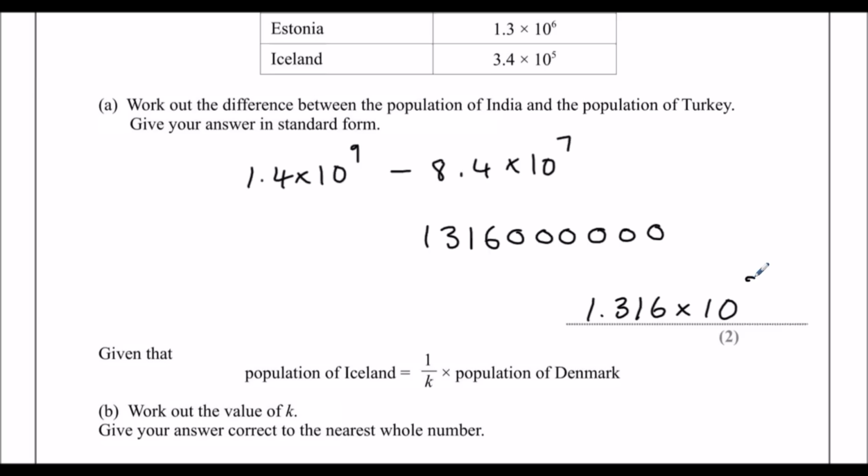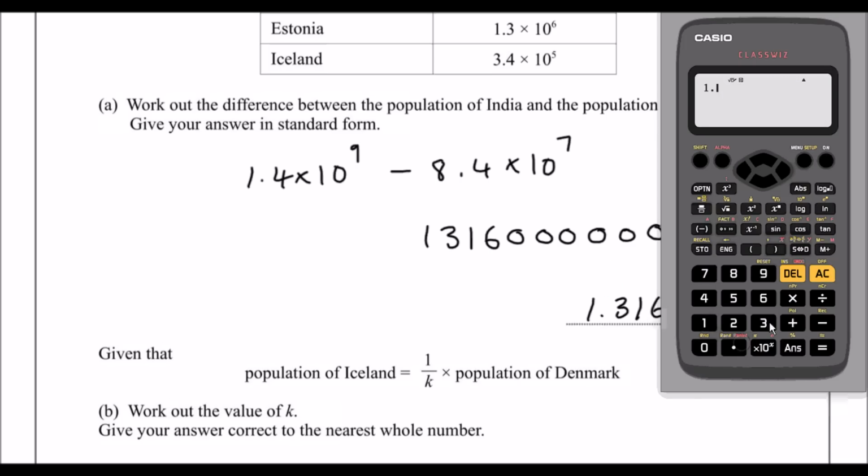So it's a power of 9. 1.316 times 10 to the power of 9. And if we get given a standard form question, the calculator's either going to give us the correct answer, or we can check our answer. So we can write 1.316 times 10 to the power of 9 and check that we get the same number. 1316 and 6 zeros.